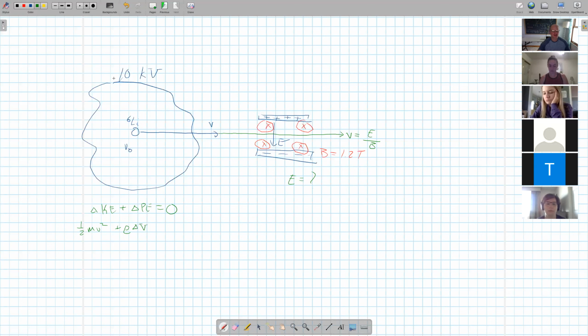The change of potential in this case we know is 10 kilovolts, and that is equal to 0. So from here, you'll find that velocity. From that velocity, you know the magnetic field, so you can solve for the electric field. The electric field is just going to be the velocity times the magnetic field. So that's it. Not too bad.